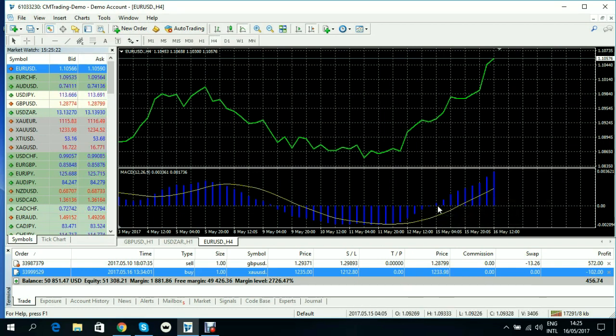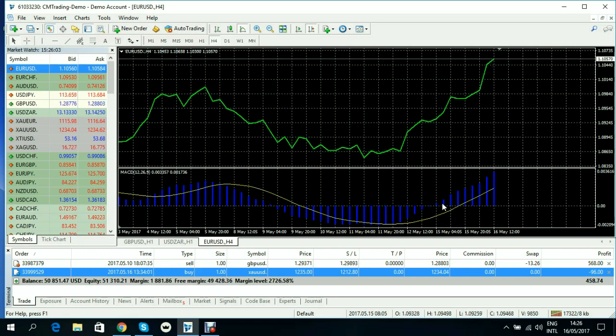For example, you can see that as it started here and is going up, the price is moving up. The MACD indicator, that is the bars and the signal line here, we are analyzing in connection with this price line, this trend.